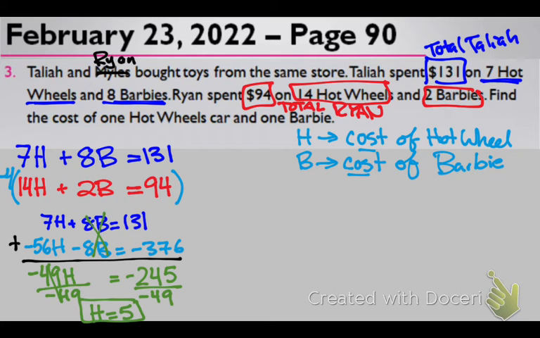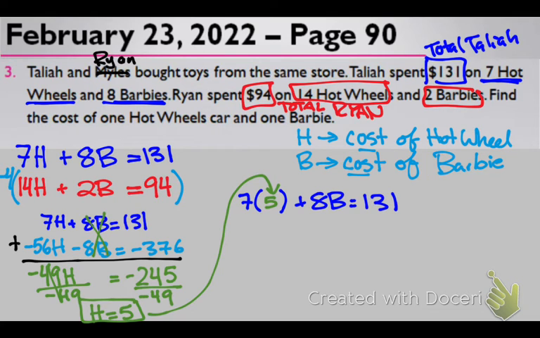Am I finished now that I have 5? No, what do I need to do now? Put it back in. Which equation do we want to use? Top or bottom? Top. Great, we can use either one. I will now put 5 in for h. Plus 8b equals 131. I know 7 times 5 is 35.